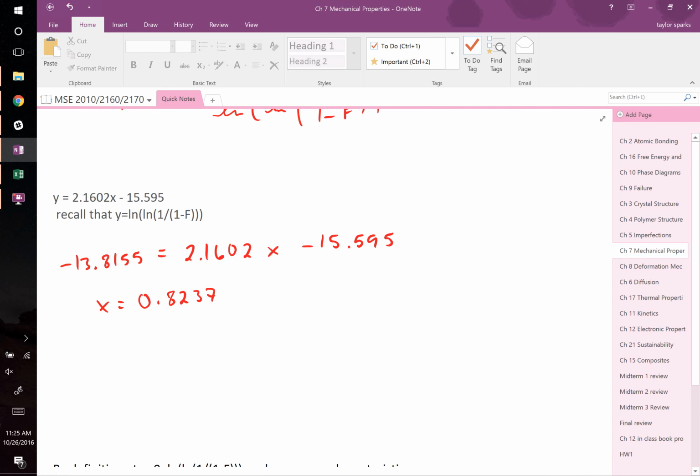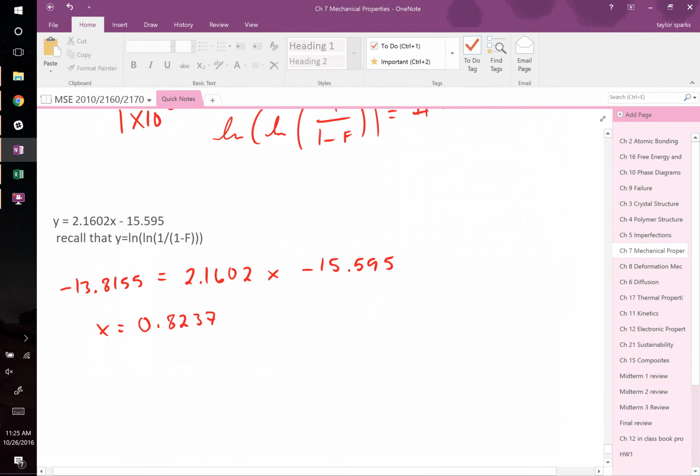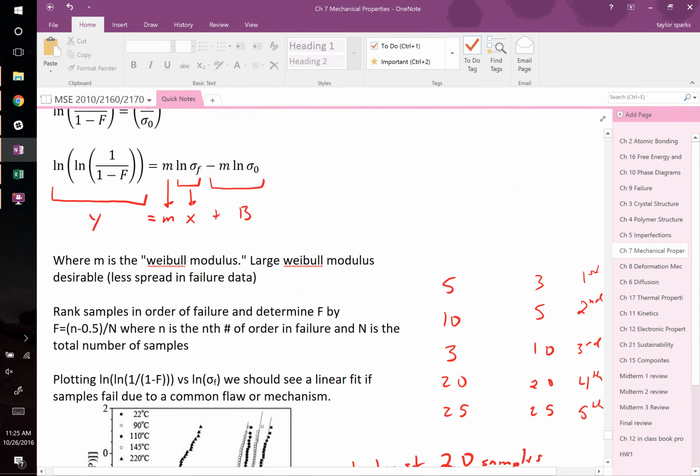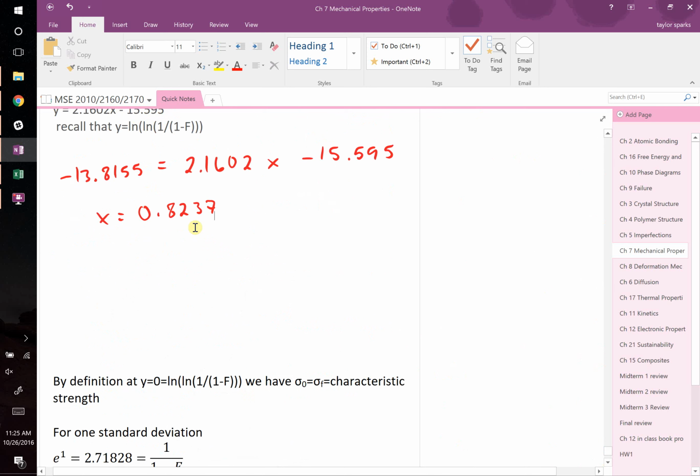No, because x does not equal strength directly. Recall what x equals. If we go back up here, x was equal to natural log of the strength. So we say, all right, natural log of our strength, where 1 in a million is going to fail, is equal to 0.8237.